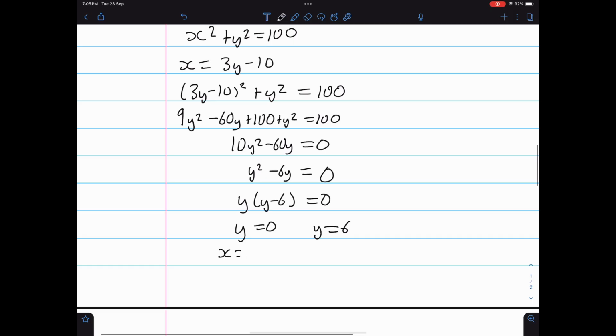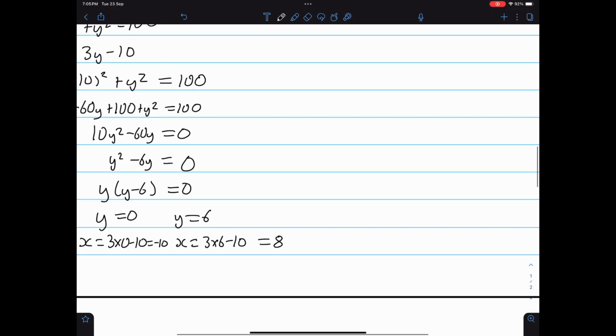So x can be either 3 times 0 minus 10, or x can be 3 times 6 minus 10. This will be just minus 10. This one here will be 8. So the points will be minus 10, 0, and 8, 6.